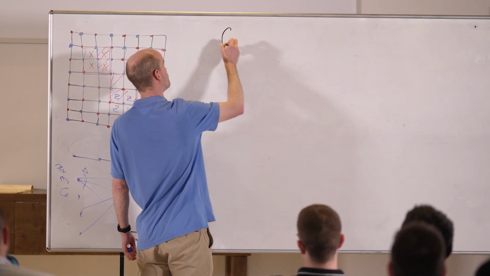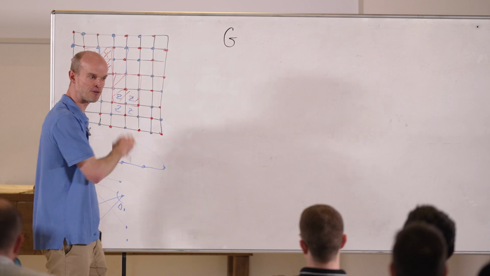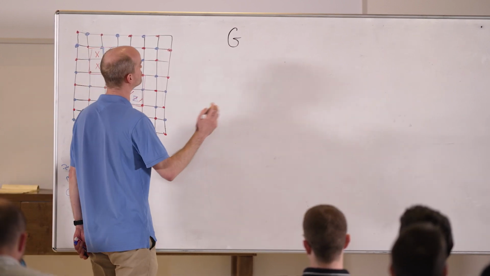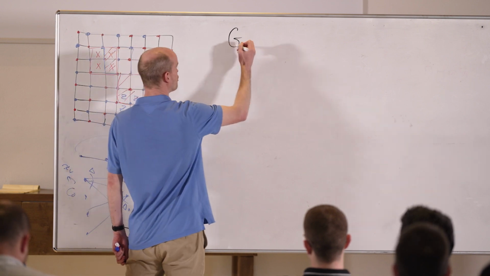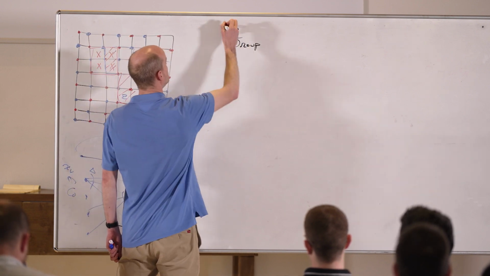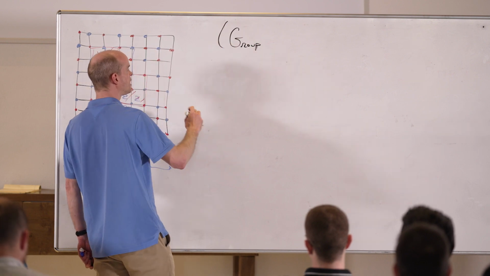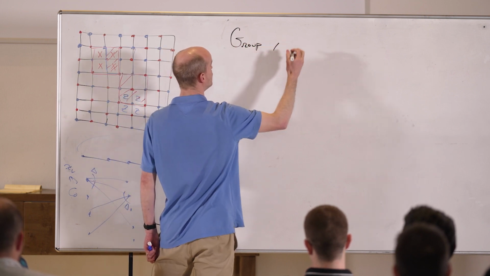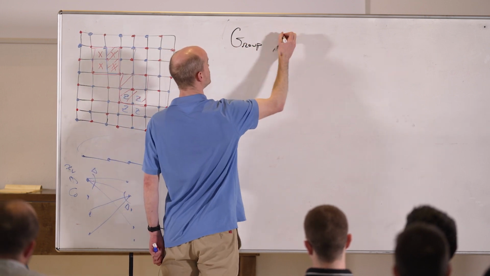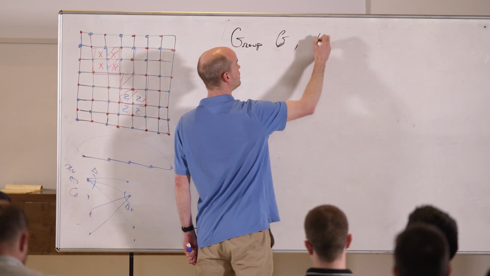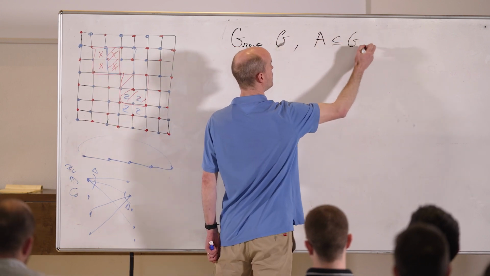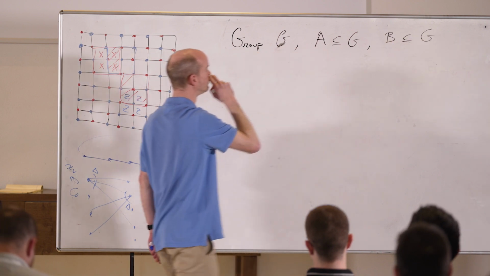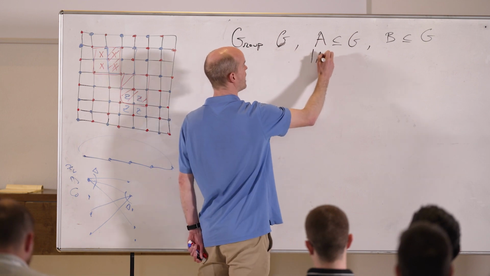So we'll take a group G, not to be confused with a graph G. It's the same notation, I'm sorry, but it's the standard thing. I will take a subset A of G and a subset B of G, and these things will have size delta.